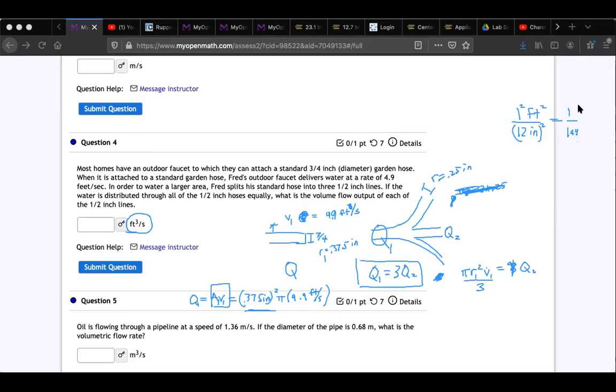So you get 1 foot squared per 144 inches squared. So that's the conversion we need to use. In my problem, I have to convert 0.375 inches squared into feet squared. So I have to multiply it by 1 over 144 feet squared over inches squared.